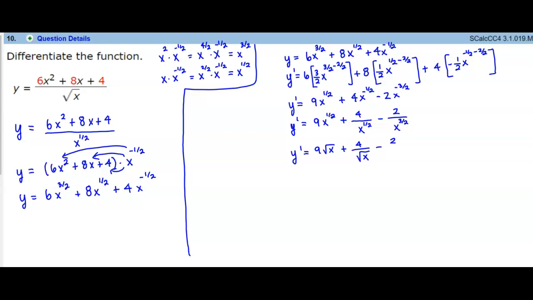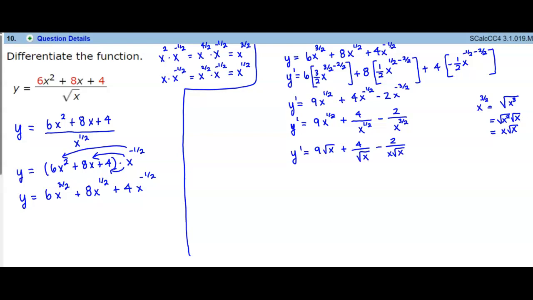Now recall, if we have x to the 3/2, that means the same thing as the square root of x cubed, which can then be written as the square root of x squared times the square root of x, which is then x times the square root of x. So now we can place in the denominator x times the square root of x.